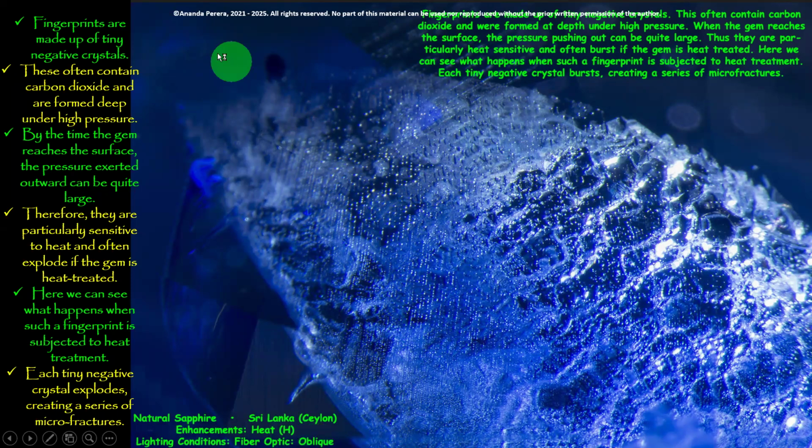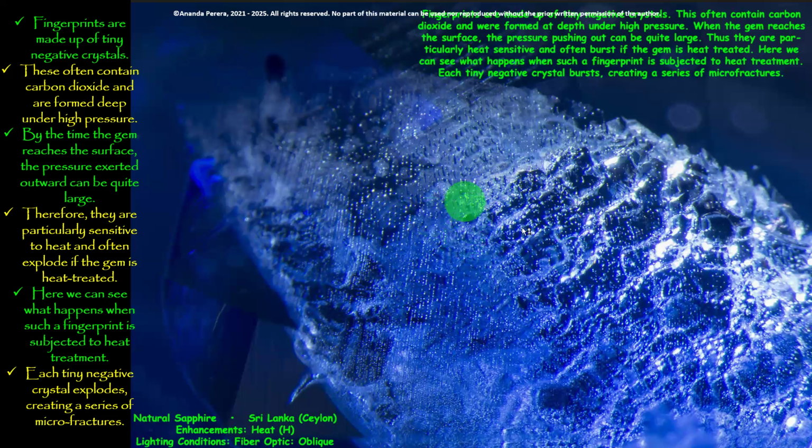What is given here? Fingerprints. This is a very big fingerprint. Fingerprints are made up of tiny negative crystals. These often contain carbon dioxide and are formed deep under high pressure. Inside these negative crystals, carbon dioxide, sometimes H2O, water, is included.